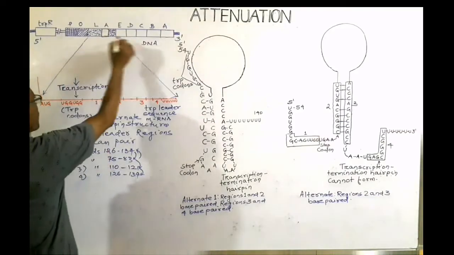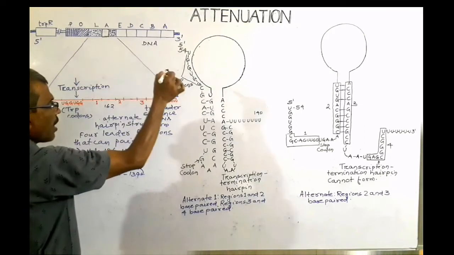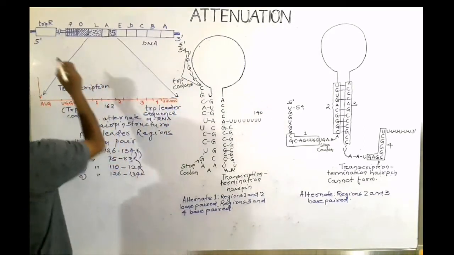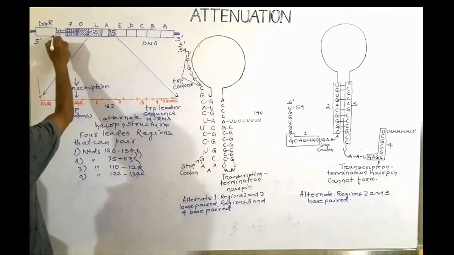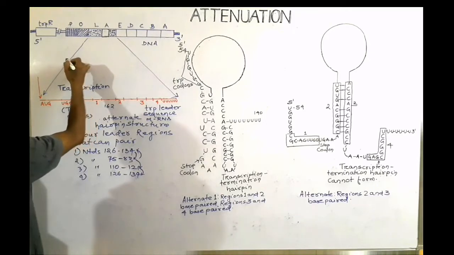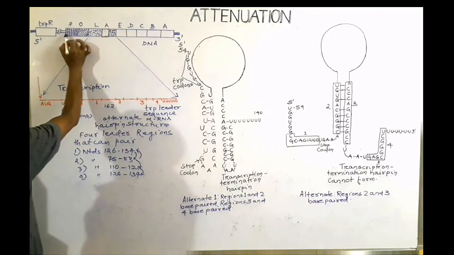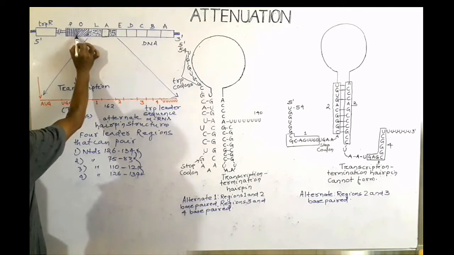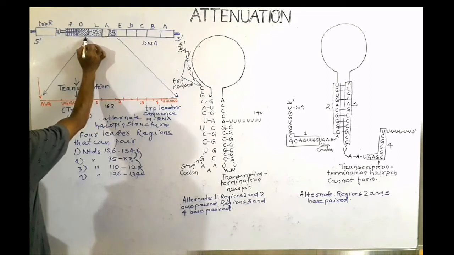Friends, this figure indicates various components that constitute the tryptophan operon. This is the trpR gene. The trpR gene encodes a protein known as the repressor protein. After the trpR gene, this is the promoter region. After the promoter region, this is the operator region.